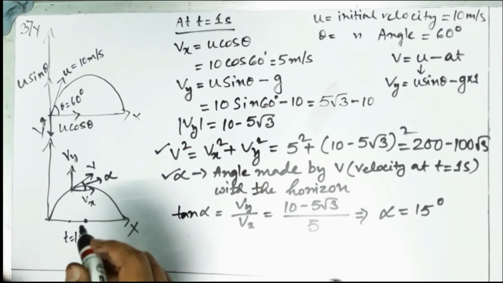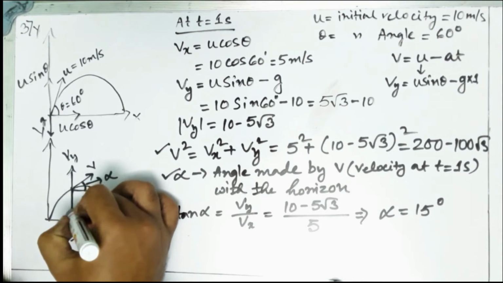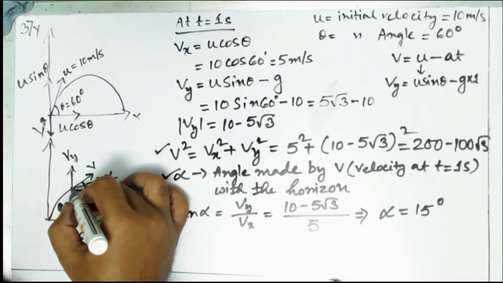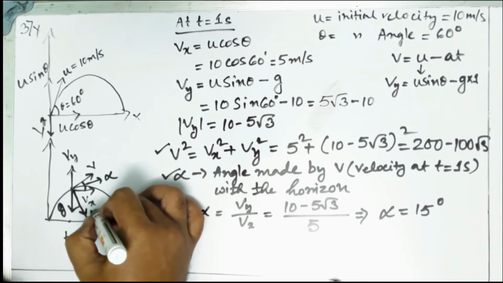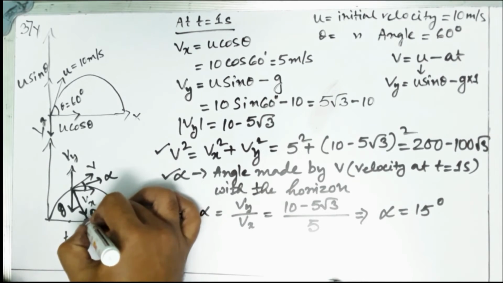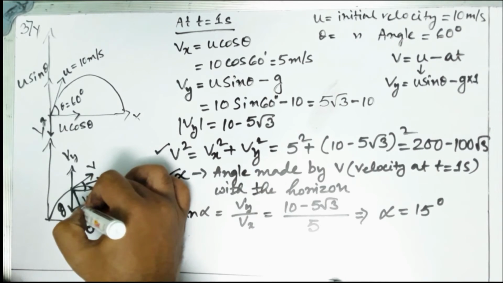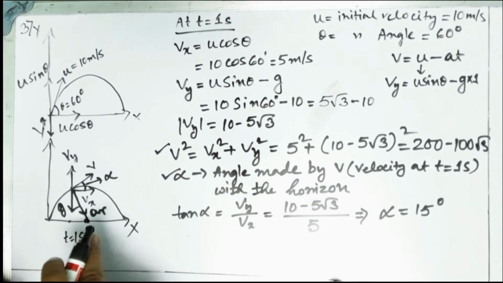Now let's draw the whole picture. Here acceleration due to gravity is along this side, and the centripetal or radial acceleration is AR. Let's say this is our center O. So radial acceleration is along this direction towards O. What is the value of radial acceleration?